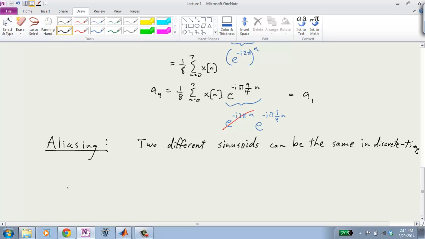That is, e to the i 2 pi f1 n equals e to the i 2 pi f2 n if and only if f1 minus f2 is an integer.